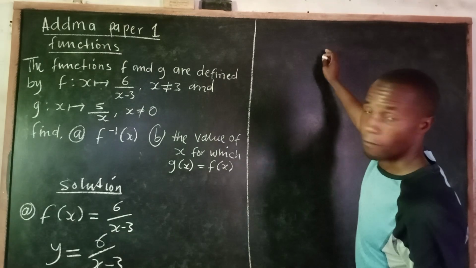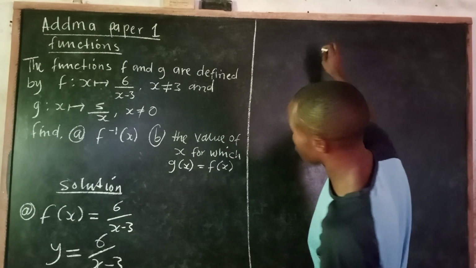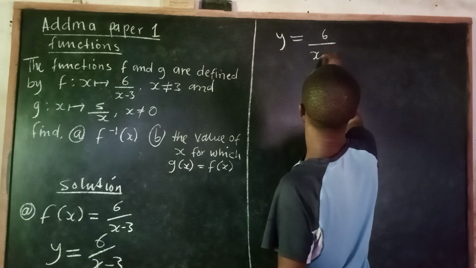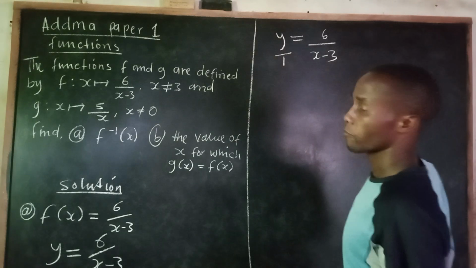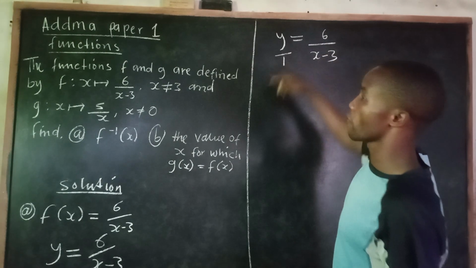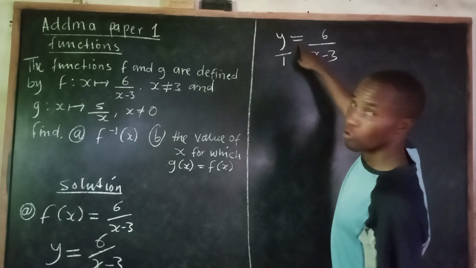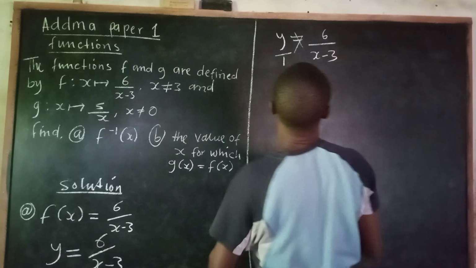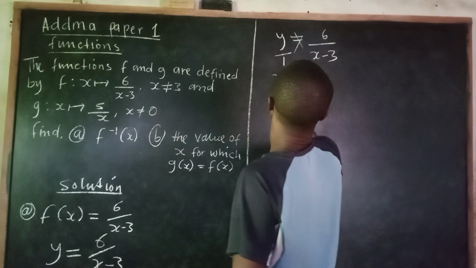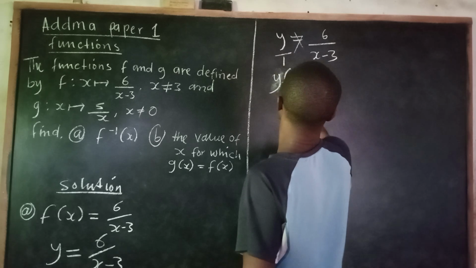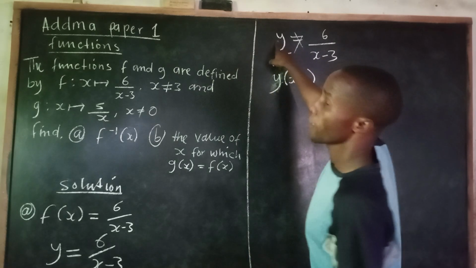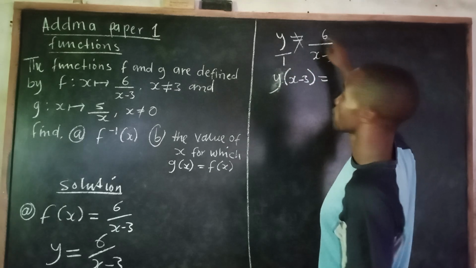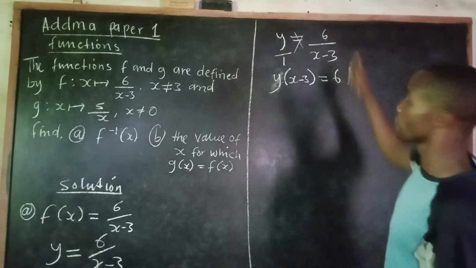We are going to use this part of the board because there the space is too small. So y equals 6 over x minus 3 over 1, because we are trying to make x the subject of the formula. We cross multiply: y times x minus 3 equals 1 times 6, which is 6.